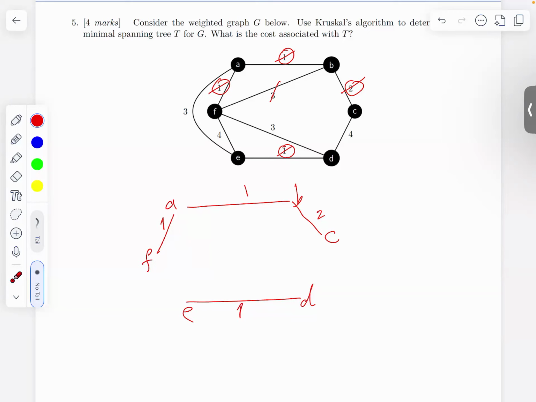So you see, because if I draw this one, it will be a cycle. What I need is just I have covered all the vertices, but actually I need to connect this. It has to be three. Three means connected graph. So we can use either this one or this guy here.